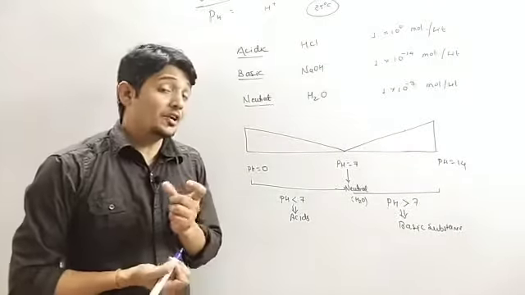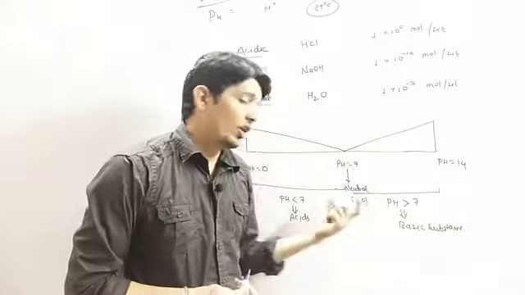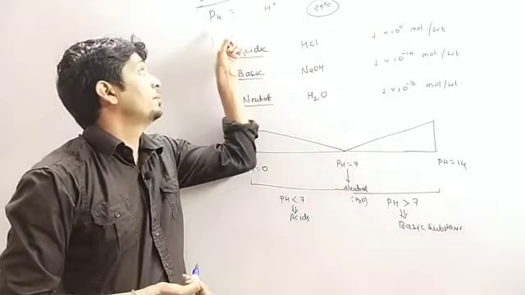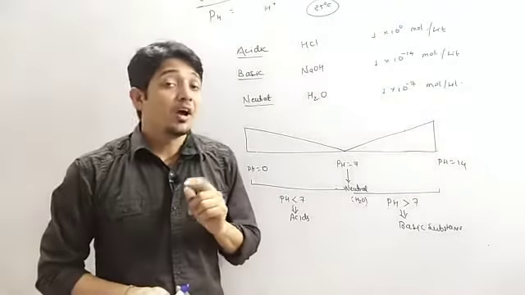I hope you have understood the nature of substances, whether acidic, basic or neutral, on the basis of the pH scale. What is pH? It is the power of hydrogen.